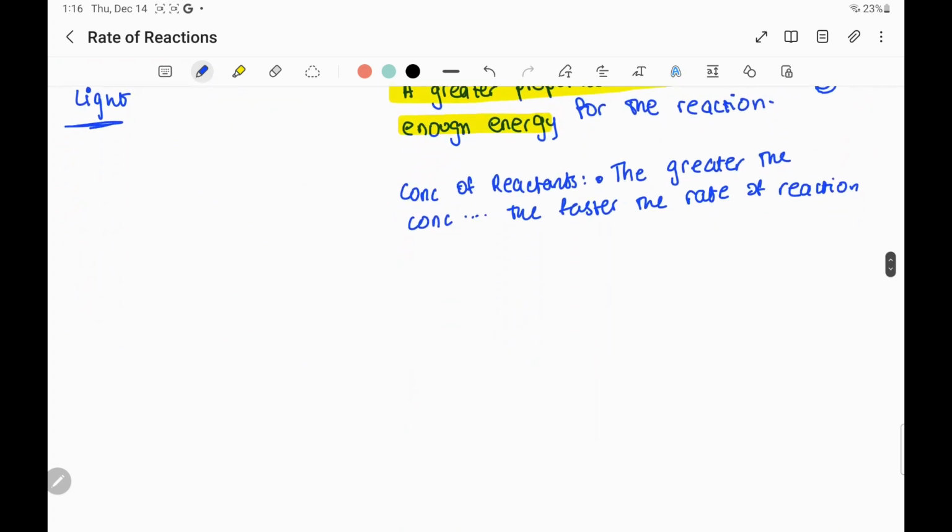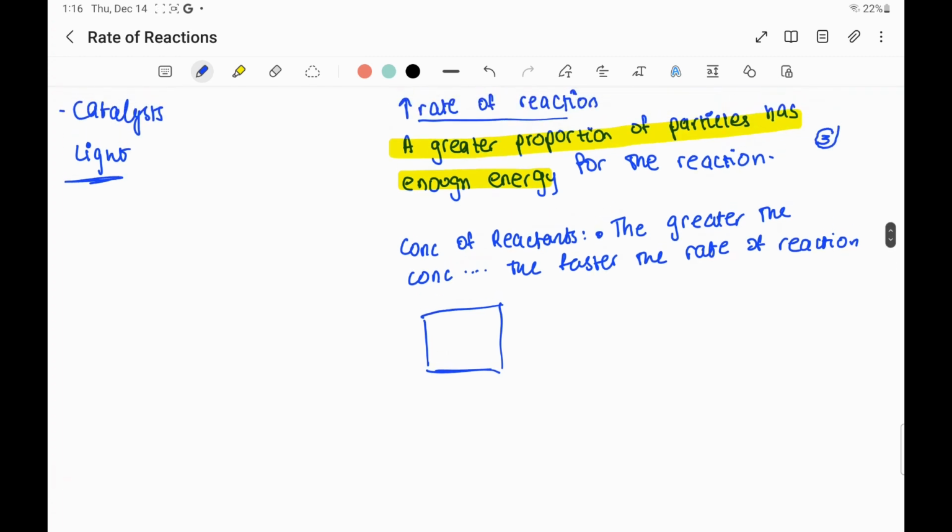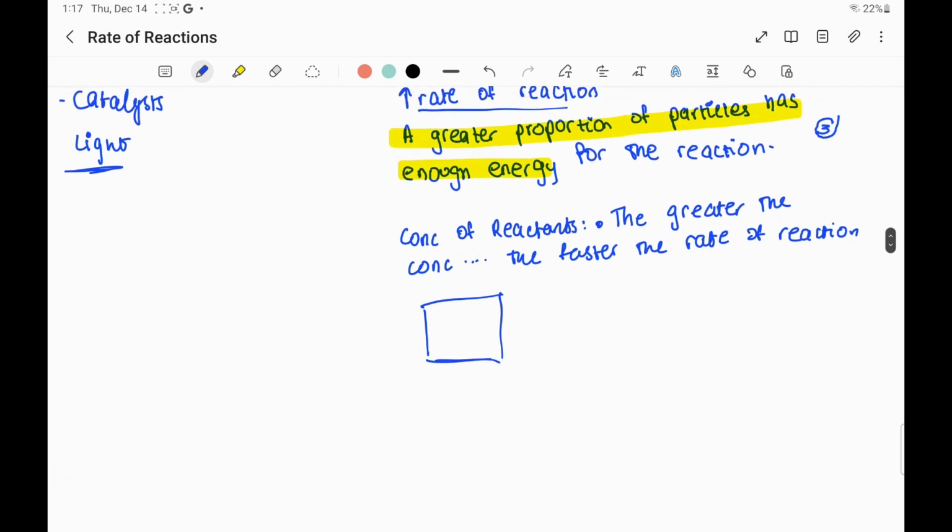Now, why is that? Let's assume concentration isn't a liquid, okay? This is just a diagram I'm going to use to illustrate how the particles would be in a concentrated and a not concentrated solution.